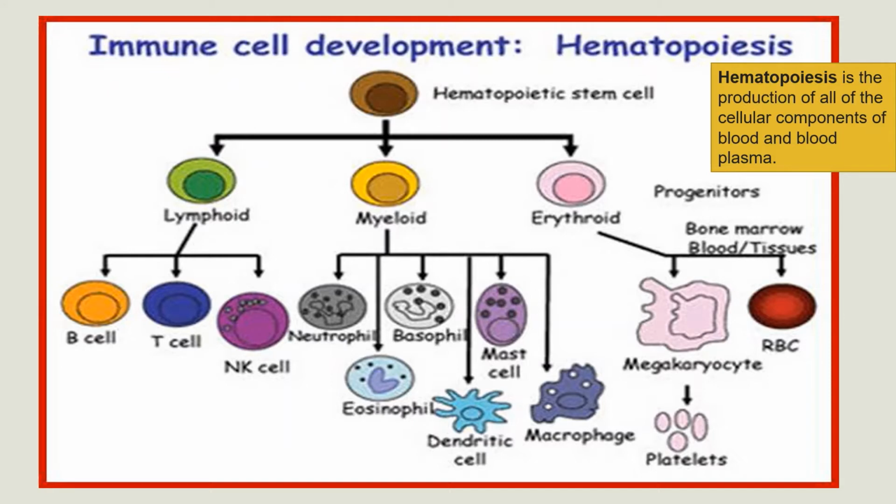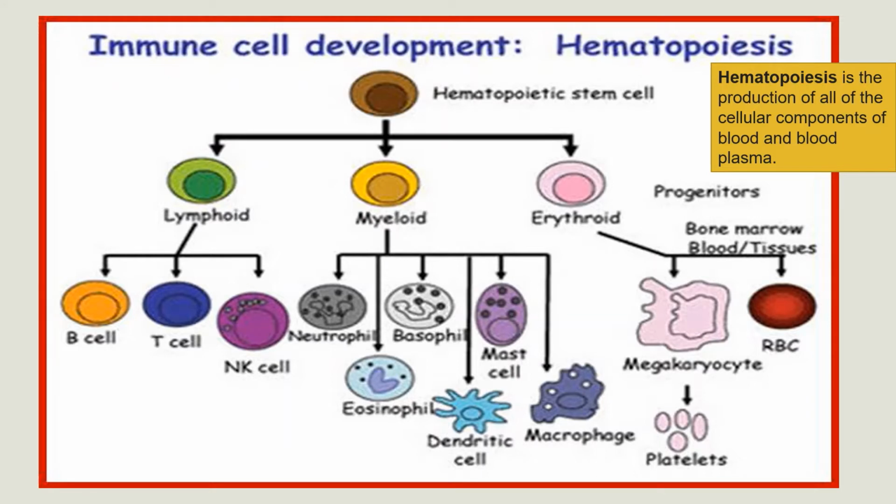All the immune cells develop from the hematopoietic stem cell. First it will divide into lymphoid progenitor cell, myeloid progenitor cell and erythroid progenitor cell. From the lymphoid progenitor cell, B cell, T cell and NK cell will develop. From the myeloid progenitor cell, neutrophil, basophil, eosinophil, mast cell, dendritic cell and macrophages will develop.